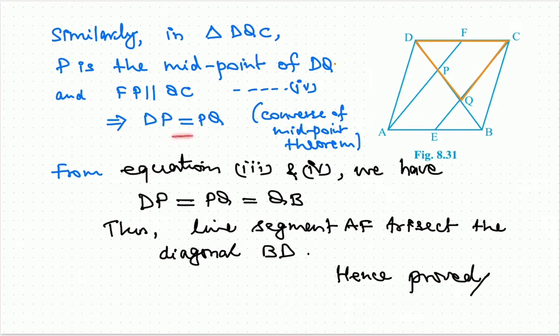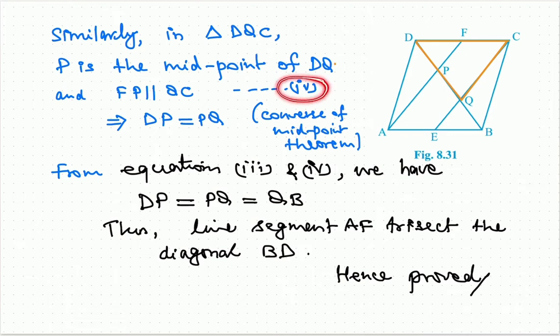This implies that DP is equal to PQ, because of the converse of the midpoint theorem. Since P is the midpoint and PF is parallel to QC, and F is the midpoint of DC, we proved that DP is equal to PQ.